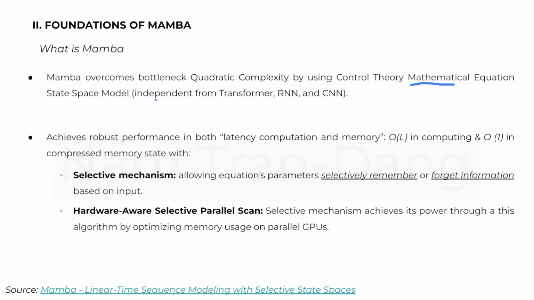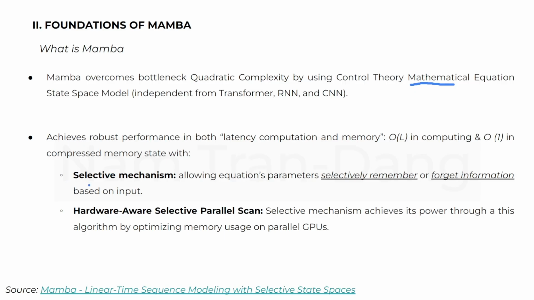This architecture is independent from transformers, RNNs, and CNNs, and does not depend on their innovations. Mamba achieves robust performance in both latency and memory: we have O(L) in computing and O(1) in just a compressed memory state.